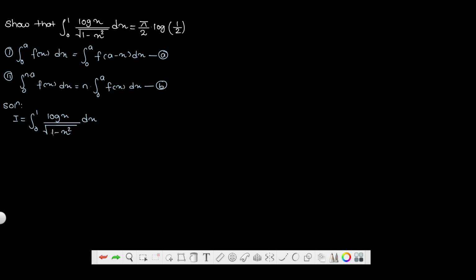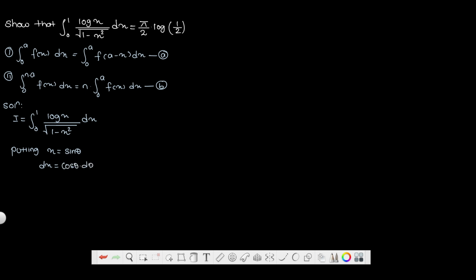In our case a is 1, so putting x equals sin theta. Now differentiate both sides with respect to theta, we get dx equals cos theta d theta, since the derivative of sin theta is cos theta.